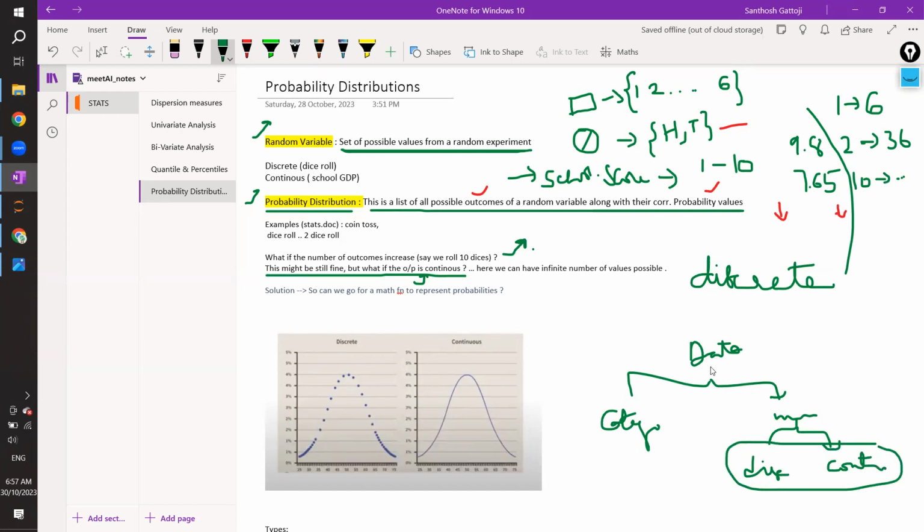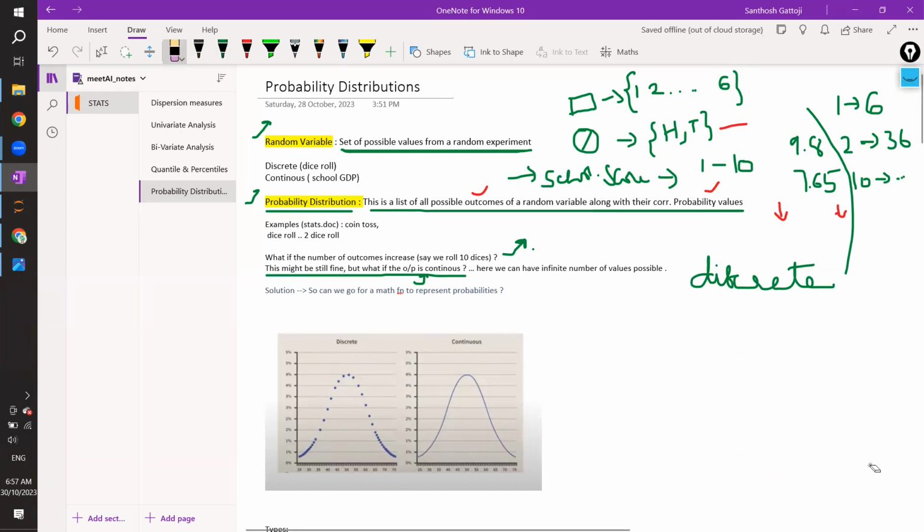The values we are getting over here are countable values, the heads and tails, or 1 2 3 4 5 6. At least you can count the numbers, so those are discrete values. Even if you roll 10 dice, each dice will have only six values, 1 2 3 4 5 6. Those are still countable, so discrete values.